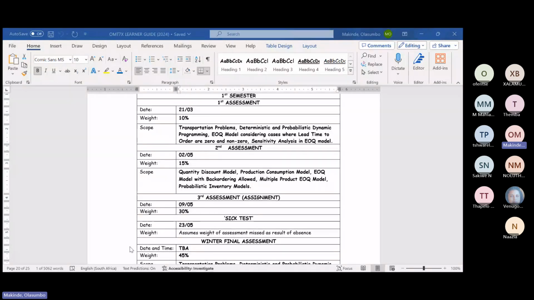Then as soon as you finish solving those tutorial questions, you can have a group leader who will scan your solution and send it to me to say, this is the solution of our group. Please, Dr. Makinde, can you check whether our solution to those tutorial questions is correct? Then I will check your solution.